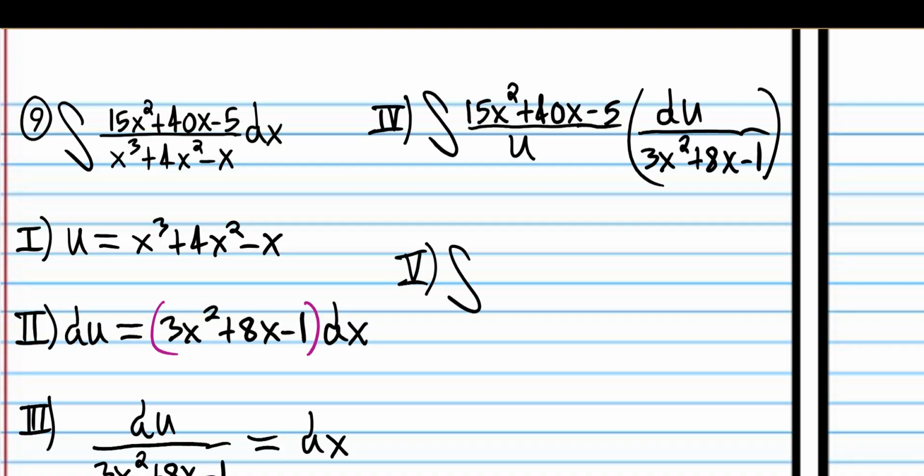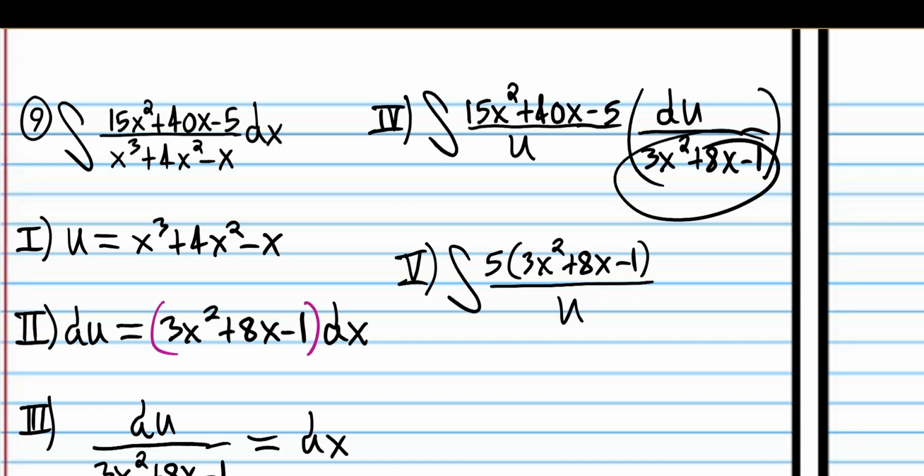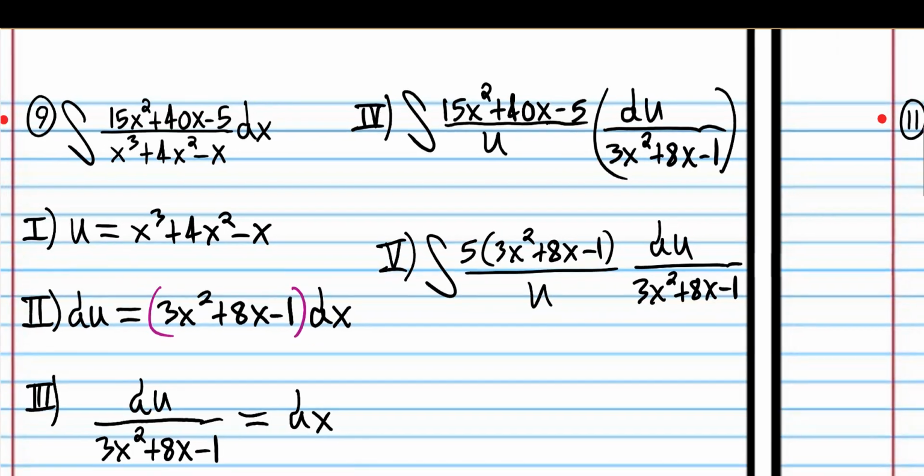You're going to need to do that in the next problem. So I'm going to factor out 5, and then I get 3x squared plus 8x minus 1, which is exactly the same as the expression we have down here. So math can get tricky like that, and you just need to be aware that that type of thing happens.